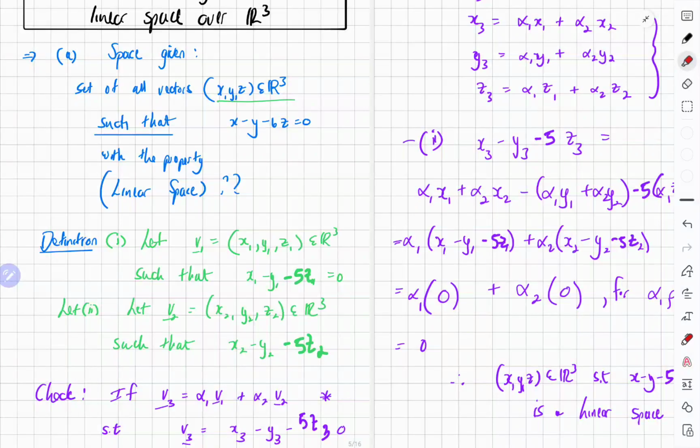So what do I do now? Remember I said the third step, very important. You will let v3, another vector in R3, be equal to the linear combination such that v3 has this property.